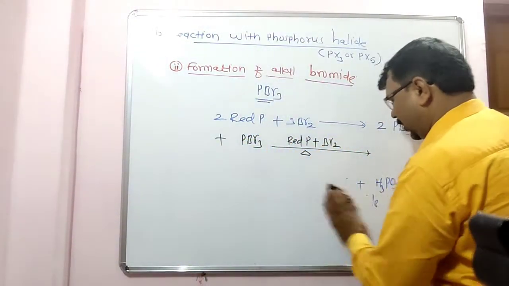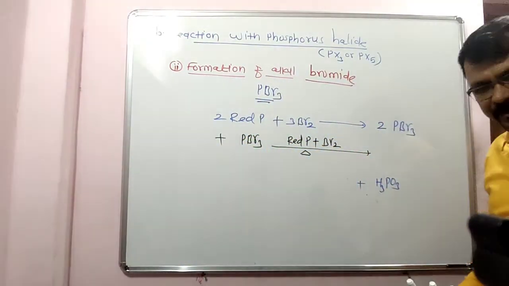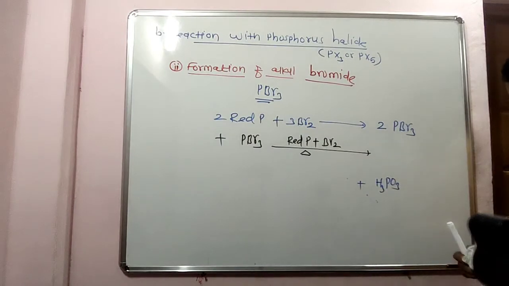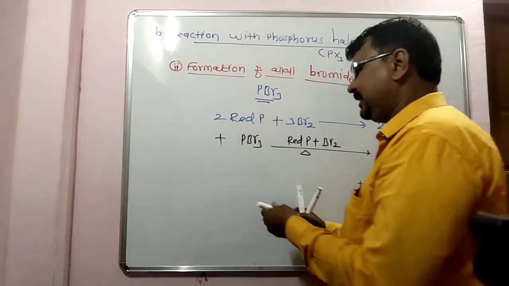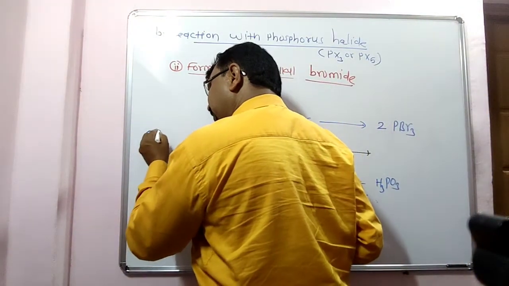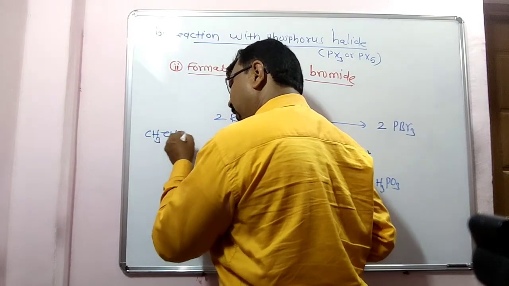Next question: what is the action of PBr3 on ethyl alcohol? Ethyl alcohol is CH3, CH2, OH.